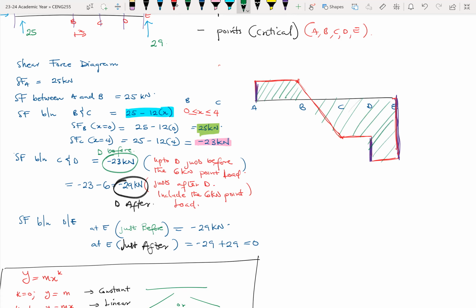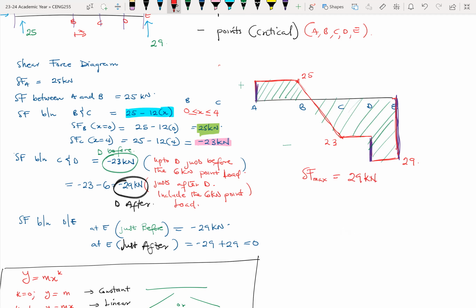The portion above the horizontal axis is positive, and the portion below is negative. Normally it's advisable to write key values on it. Here's 25. This is 23. And this is 29. So per this diagram, your maximum shear force is 29 kilonewtons.